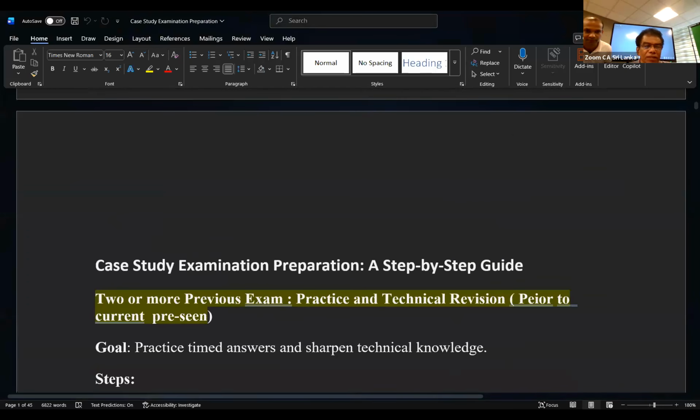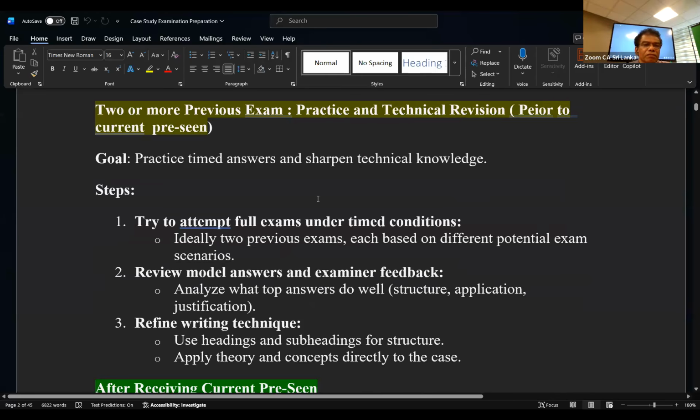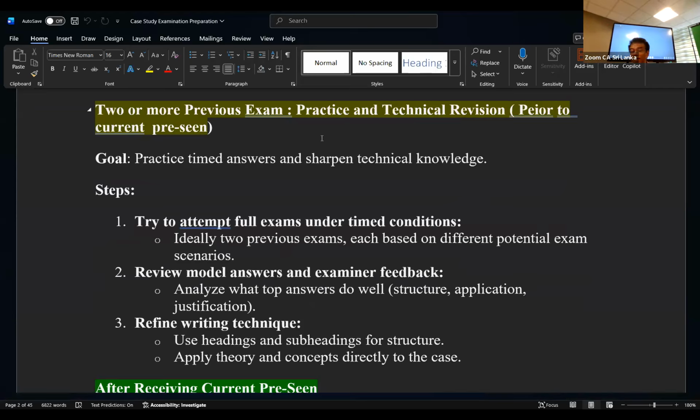Now I started the case study examination preparation, a step-by-step guide. So now you all have got the pre-seen, right? Already in hand. So what do you do with that?